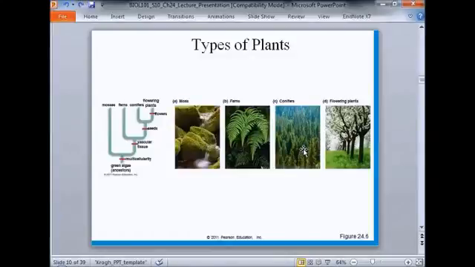And then after we get seeds, we have flowers. And flowering plants are the biggest group of plant organisms. Most plants you see fall into the group of angiosperms, or flowering plants. And so these have taken off evolutionarily and have an incredible amount of diversity in species within this grouping.